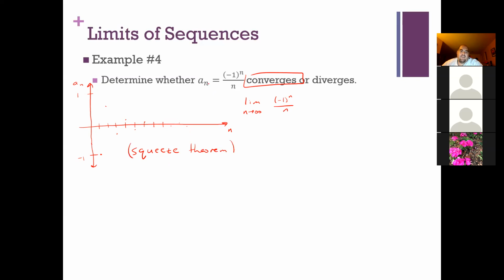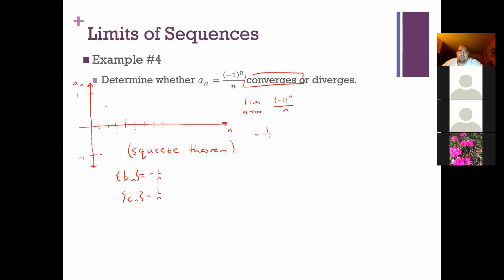So here's what I'm gonna do. I have a sub n equals this. I'm gonna bring in two other sequences. This one is just gonna be -1/n, and this one's gonna be +1/n. So here's why I'm bringing this in.